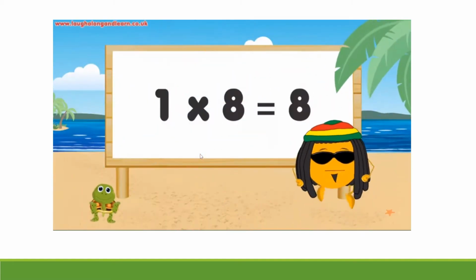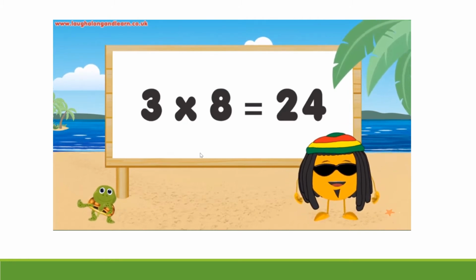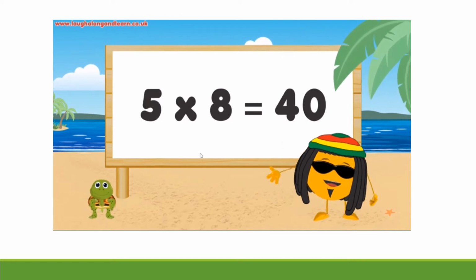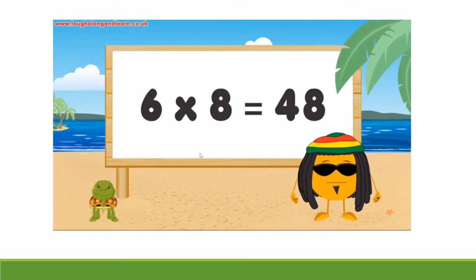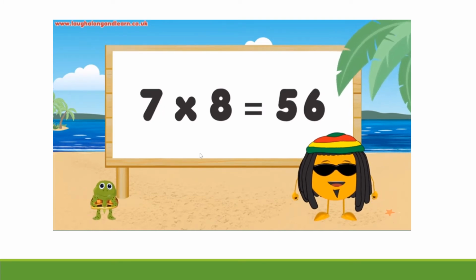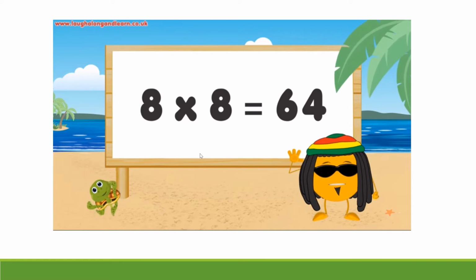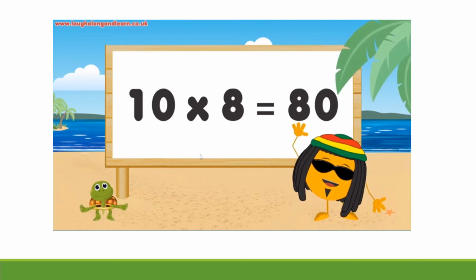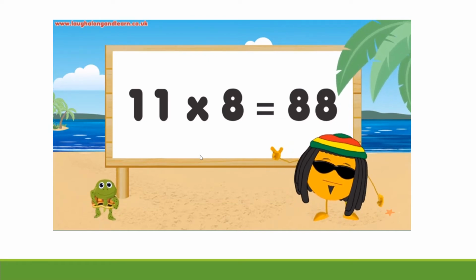Times tables today, sing with Todd and Ziggy all the way. Multiply. 1 times 8 is 8, 2 is 16, 3 is 24, 4 is 32, 5 is 40, 6 is 48, 7 is 56, 8 is 64, 9 times 8 is 72, and 10 is 80. 11 is 88.